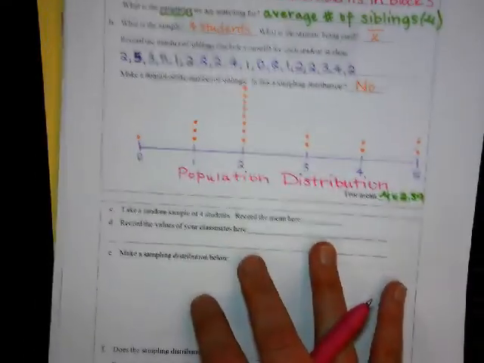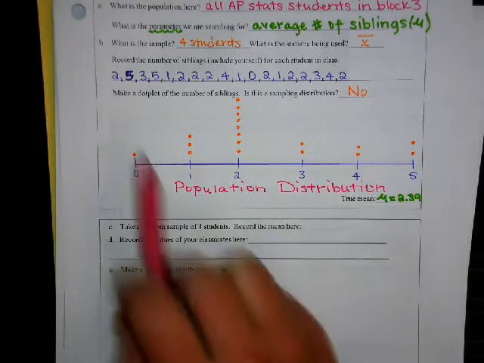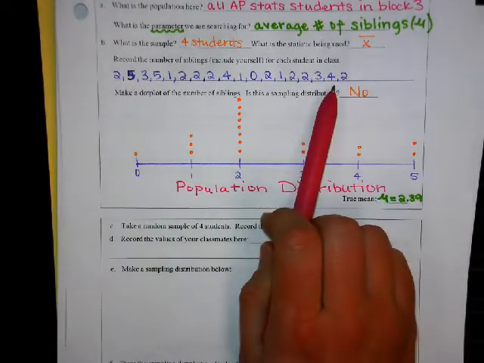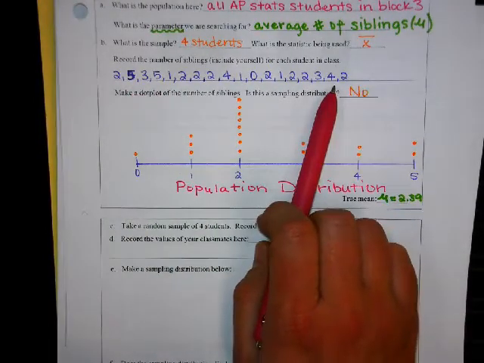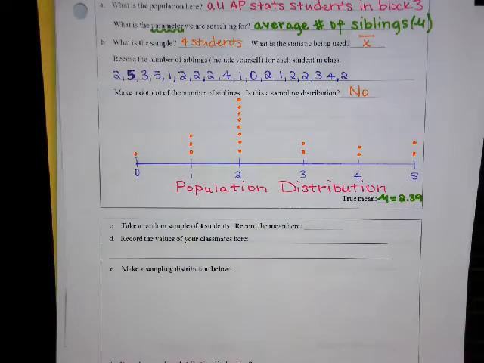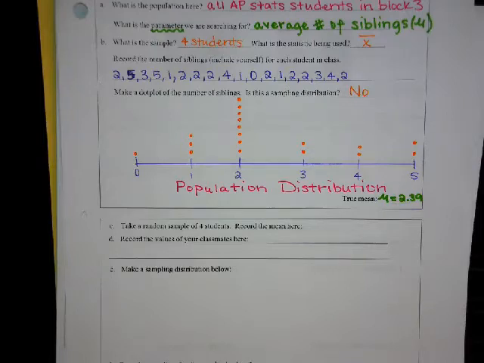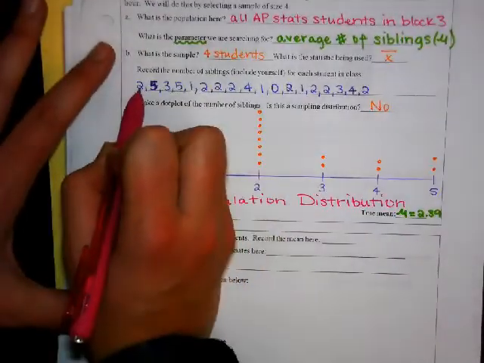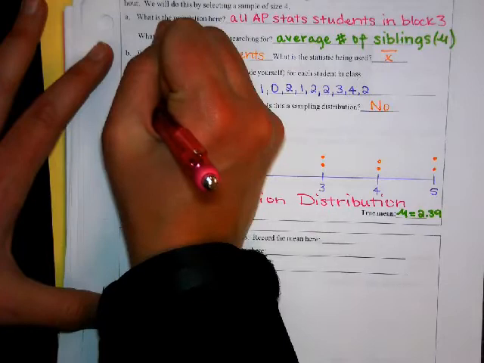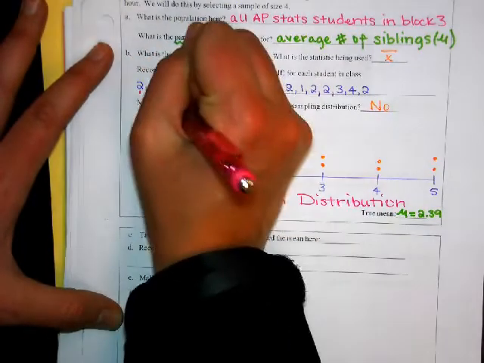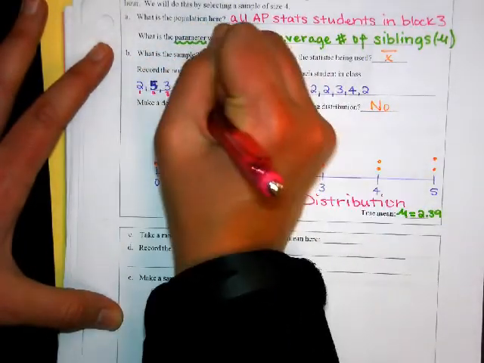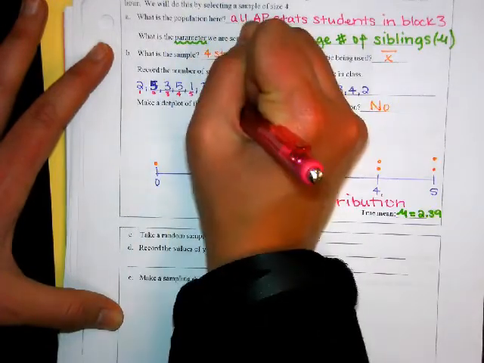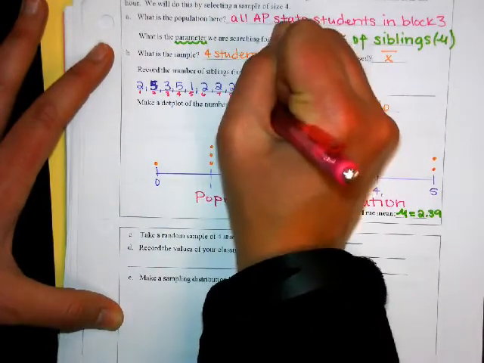To take a random sample, I'm going to use a random digit generator on my calculator to pick 4 of the numbers. I'm just going to label them 1 through 18. So just right below, I'm going to put the numbers 1, 2, 3, 4, 5, all the way to 18. That way, when my calculator gives me 4 numbers between 1 and 18, I know which number of siblings it corresponds to.